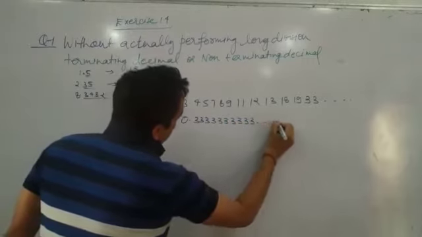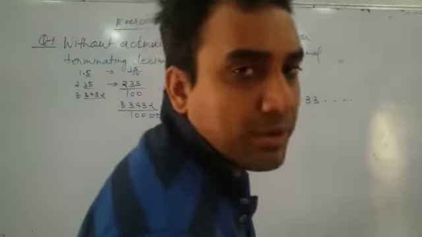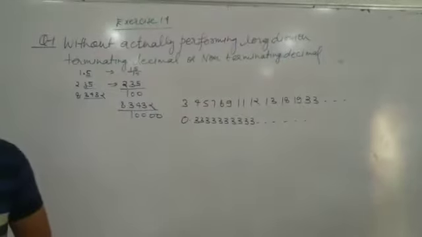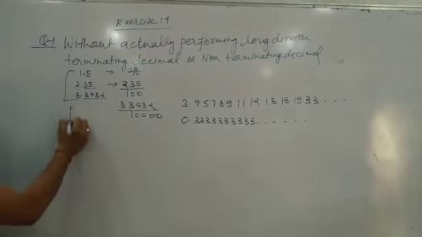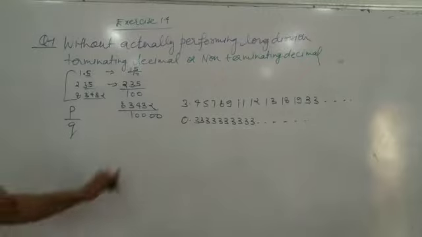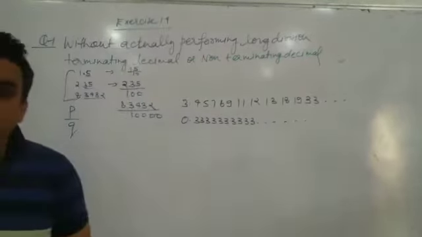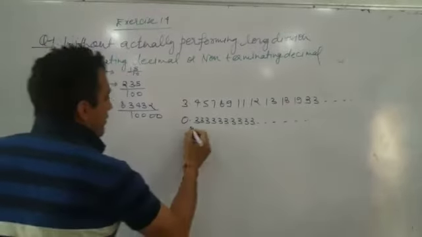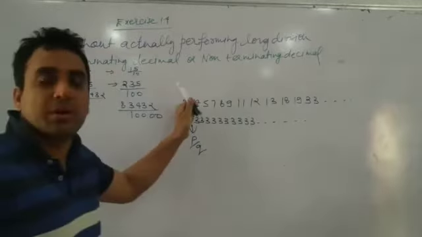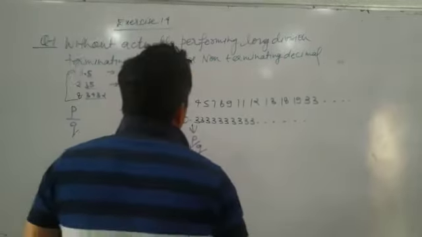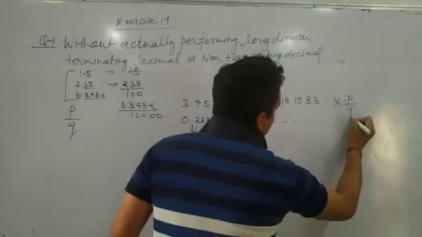These are called non-terminating repeating numbers. You are already familiar with these from exercise 9.3. Terminating decimals can be written in the form of P upon Q. Non-terminating repeating numbers can also be written in the form of P upon Q. But non-terminating, non-repeating numbers cannot be written in the form of P upon Q.